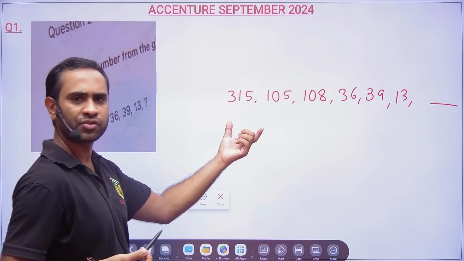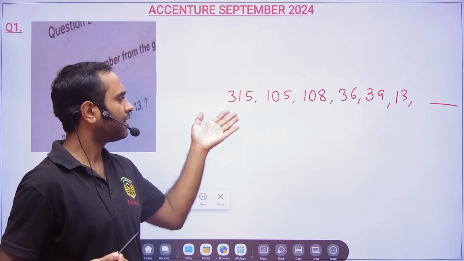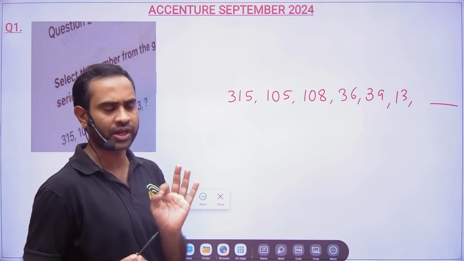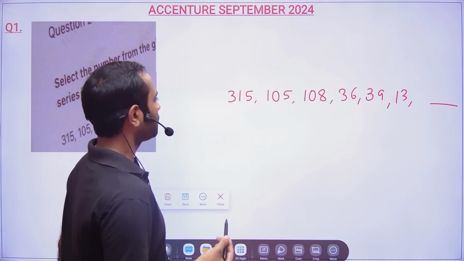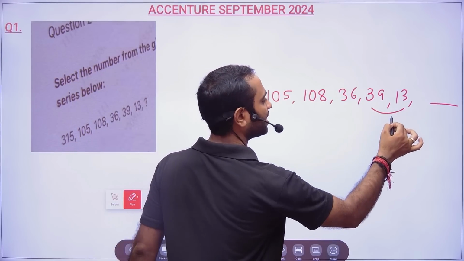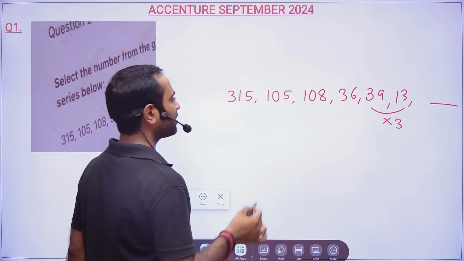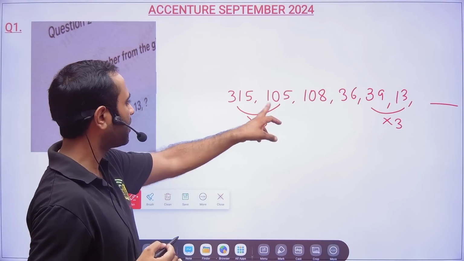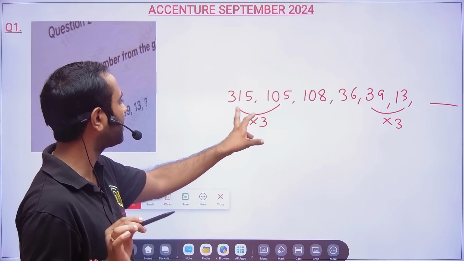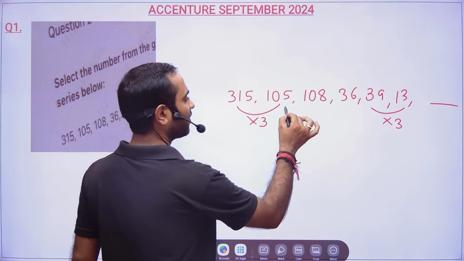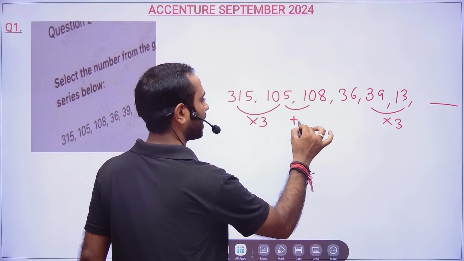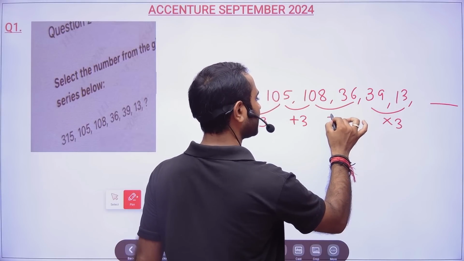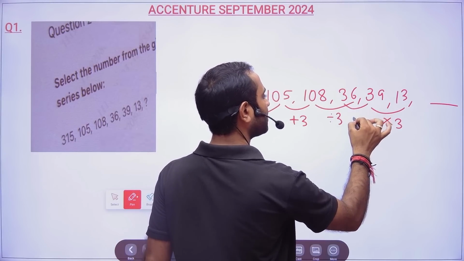Now as soon as you see the question, don't start by subtracting the numbers. First think a bit, and only then try to attempt. Friends, here if you see, it is nothing but multiplied by 3. Here also it is multiplied by 3. 100 into 3 is 300, so it is somewhat a multiple of this. Into 3. Now here it is plus 3. Next, again this is divided by 3, and then plus 3.